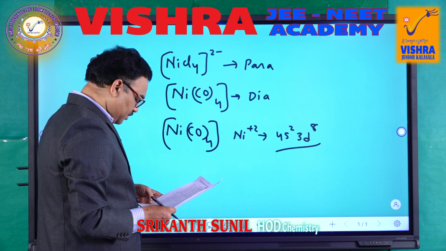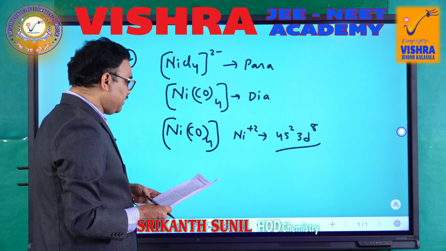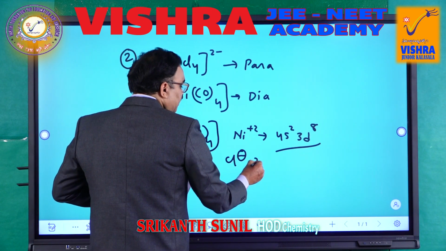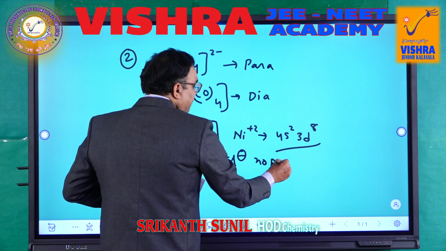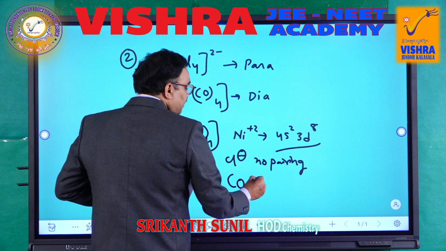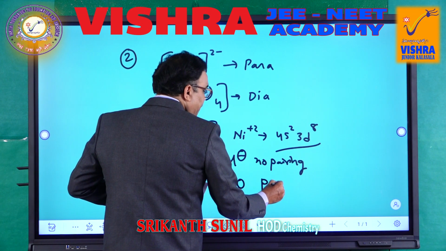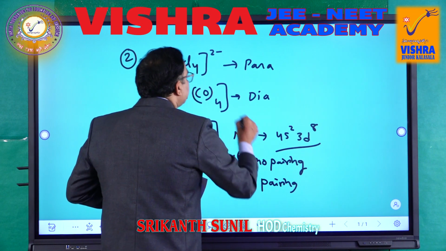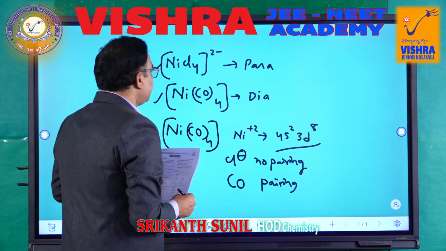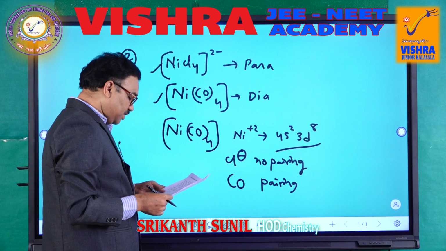Whenever CO is there, there is pairing up. So in this, Cl minus, no pairing, and CO, pairing is there. So that's why this one is dia, this one is paramagnetic in nature. So carefully we have to understand this concept.